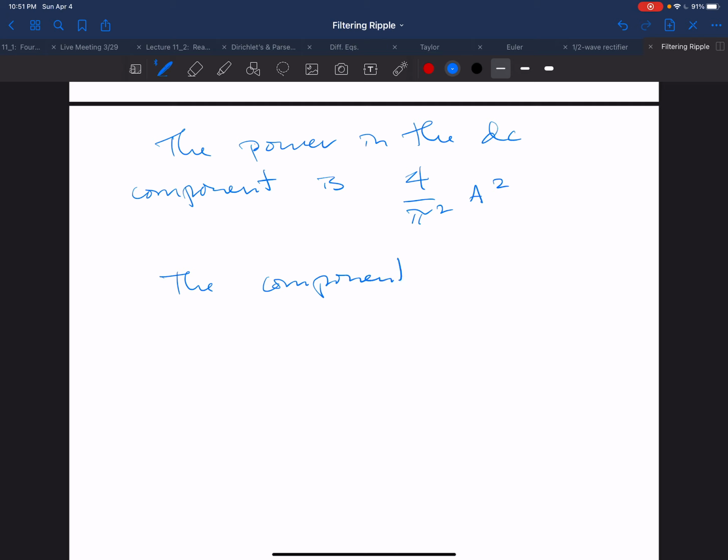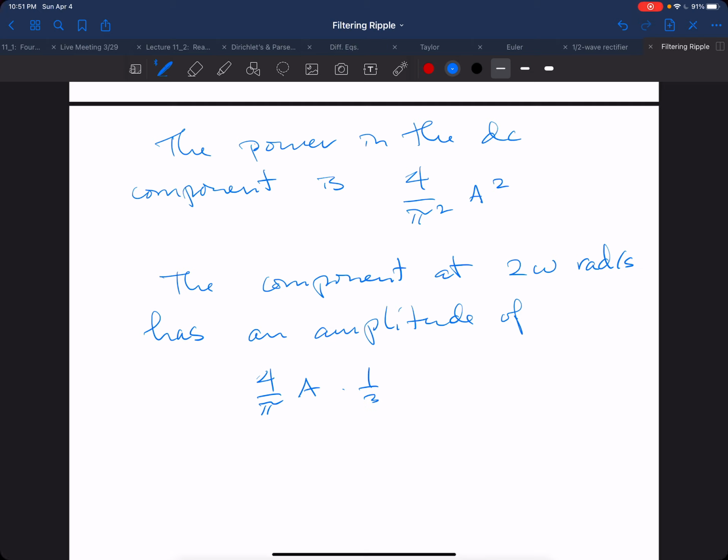The component at 2 omega radians per second, according to the Fourier series, has an amplitude of 4 over pi a times 1/3. So its power, because this is a sinusoidal component, is going to be 1/2 the square of this quantity.